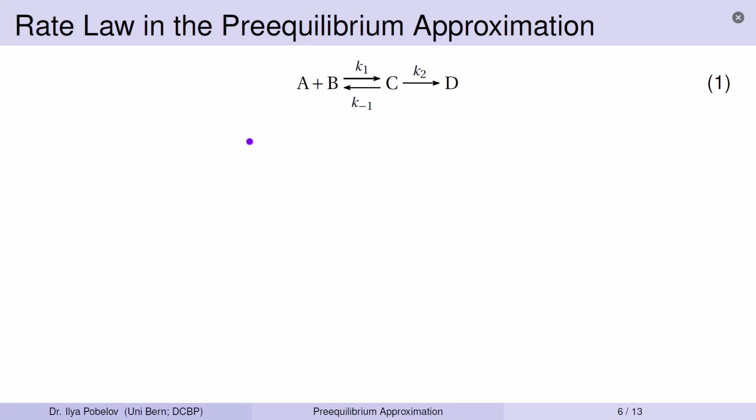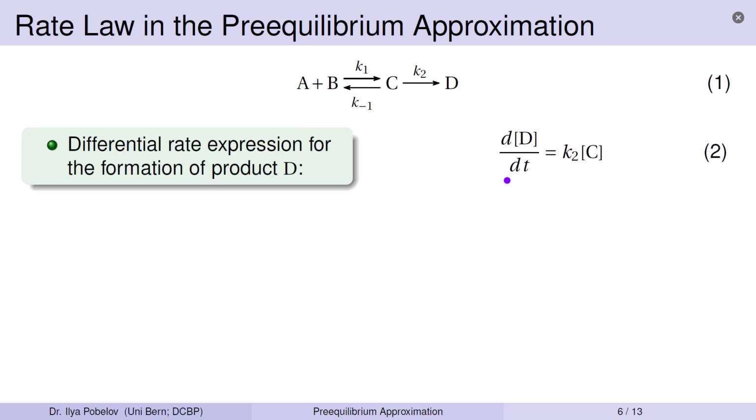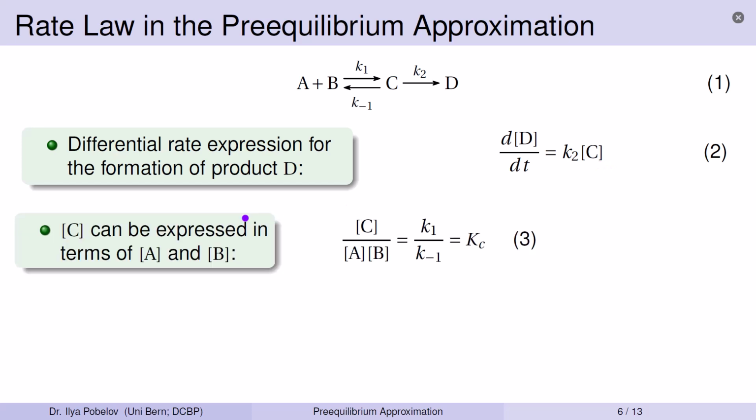To apply the pre-equilibrium approximation, consider the following differential rate expression for the formation of product D. d[D]/dt equals k2 times the concentration of C. In this equation, the concentration of species C can be expressed in terms of the concentration of reactants A and B, assuming that C is in equilibrium with these reactants.